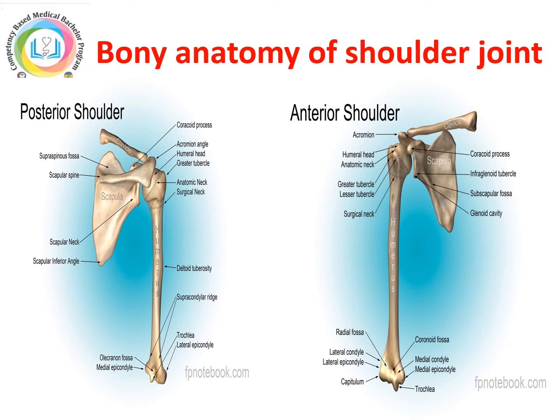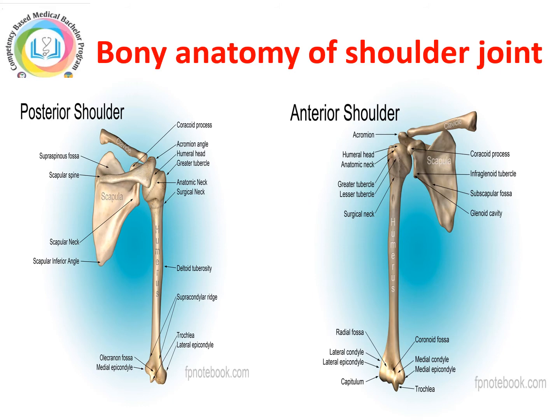Also very important landmarks are the greater tubercle and the lesser tubercle of the humerus, and in between these two tubercles, the bicipital groove where the bicipital tendon passes.